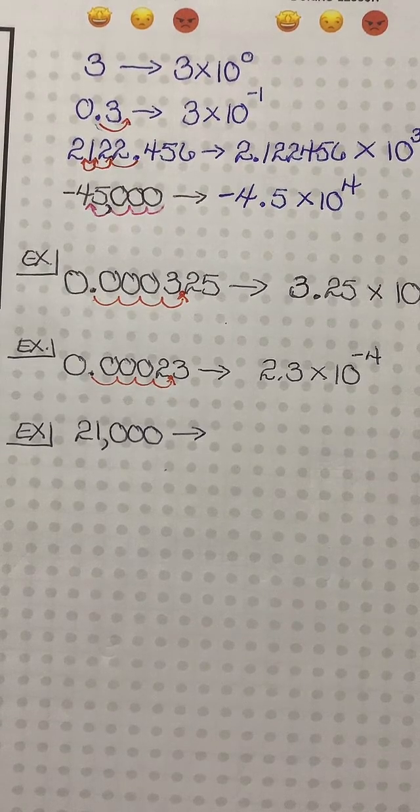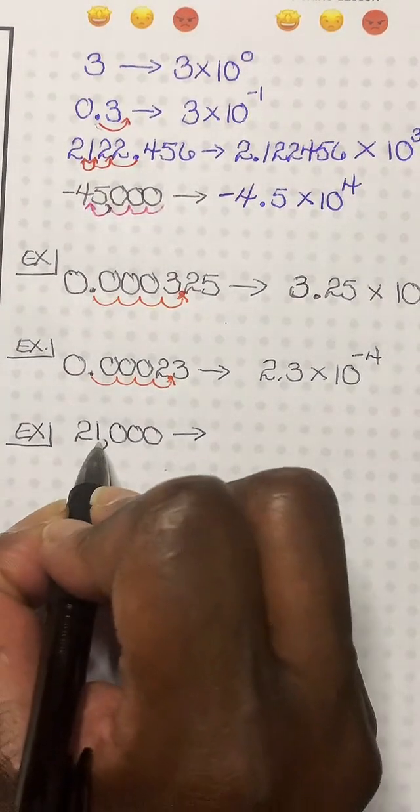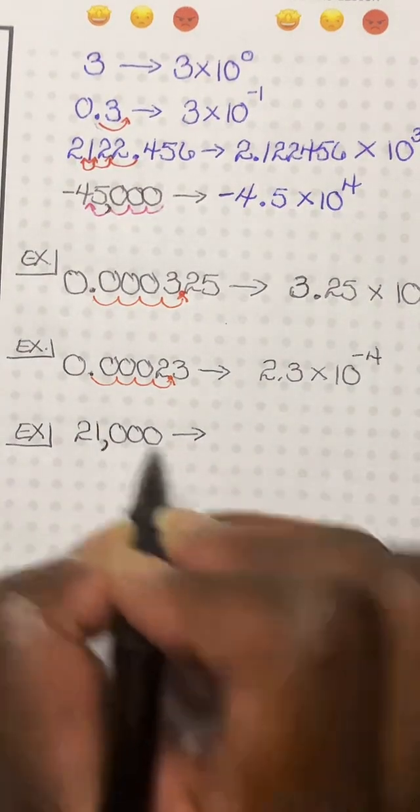I will. I'm actually going to do it after this. Hello, Neve. Thanks for the follow. So 21,000. This is a comma, not a decimal.